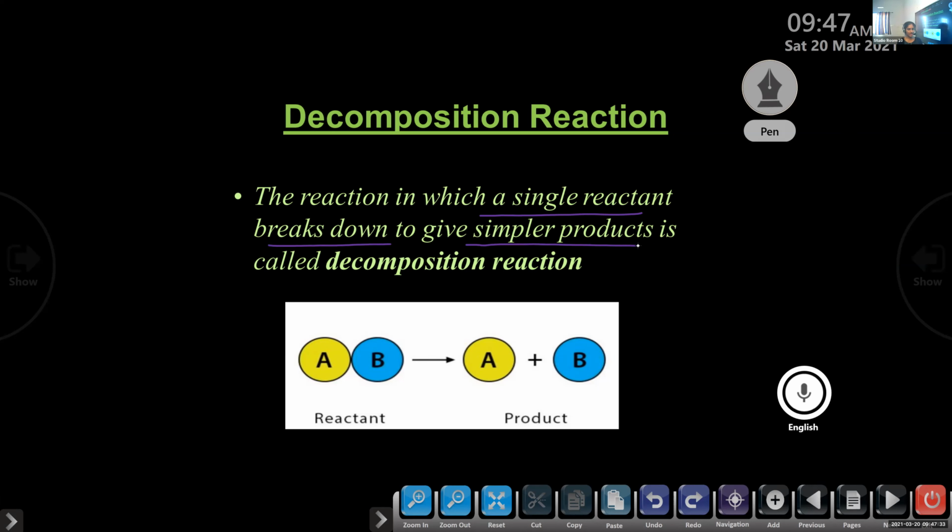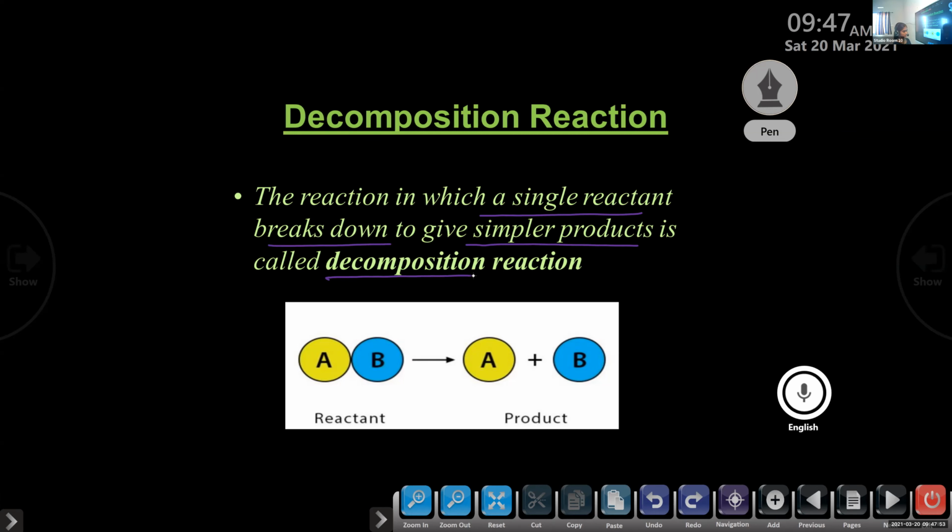In combination reaction, two or more reactants combine together to form a single product. Here, a single reactant breaks down to give simpler products. It is called decomposition reaction. It's clear?